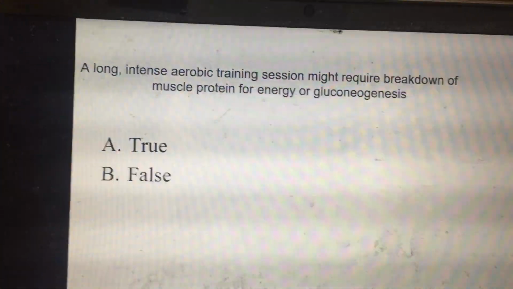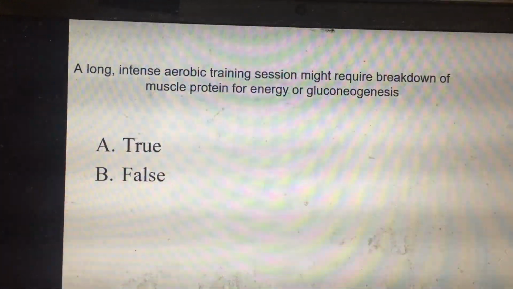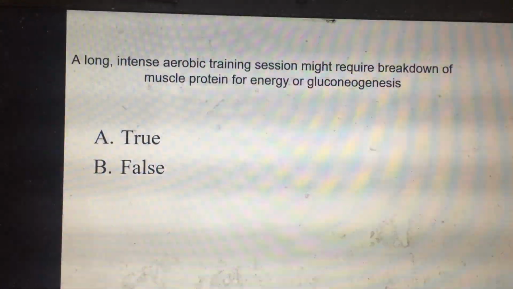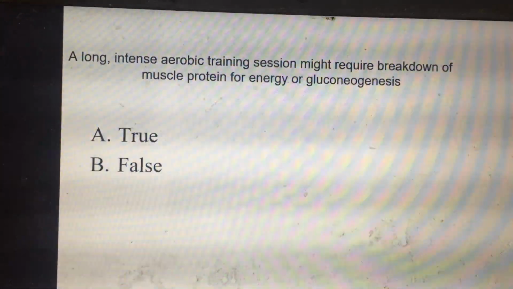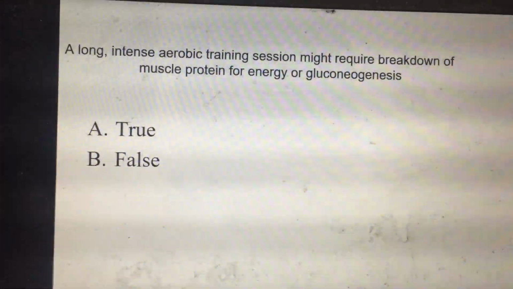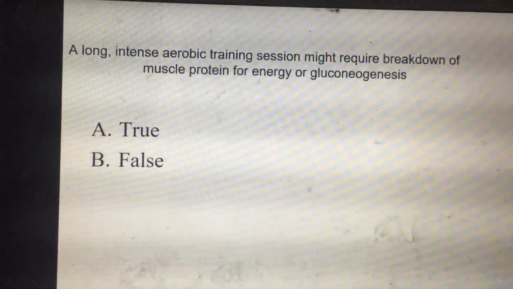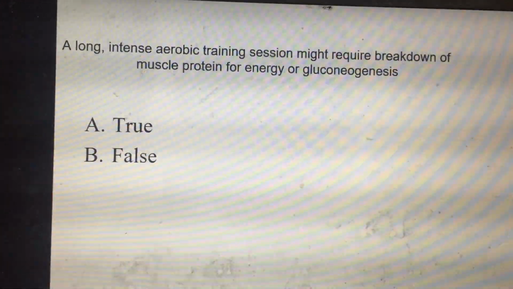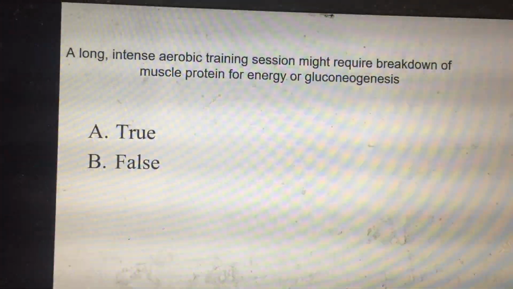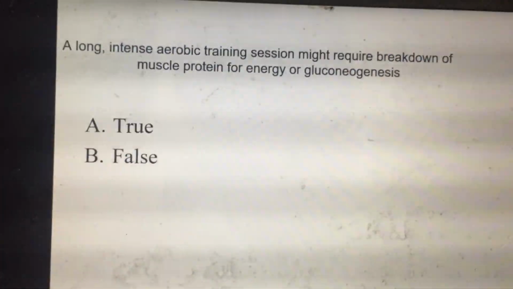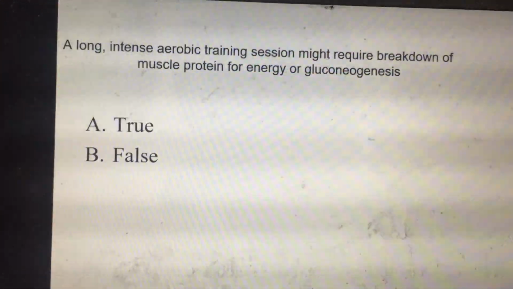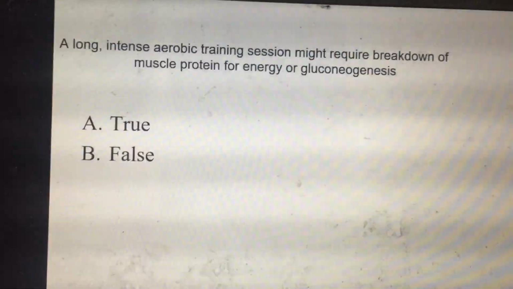A long, intense aerobic training session might require breakdown of muscle protein for gluconeogenesis, so true or false. So this is true. So you know with regards to the glucose-alanine cycle that you get breakdown of protein in the muscle. The amino acid gets broken down to go into the Krebs cycle.